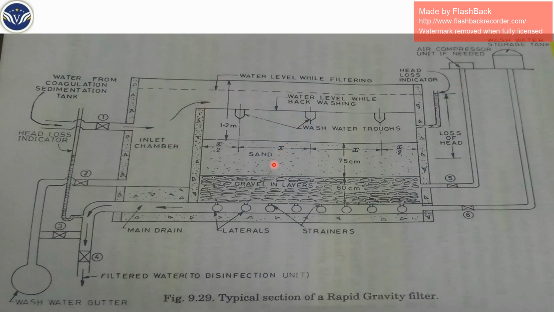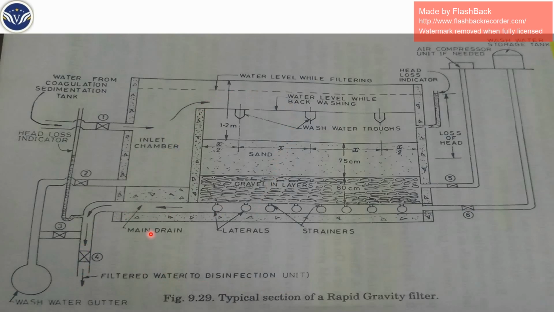It percolates through the gravel bed or base material, is collected into the laterals, then to the main, and is supplied through valve number 4 to the disinfection unit or the distribution network.